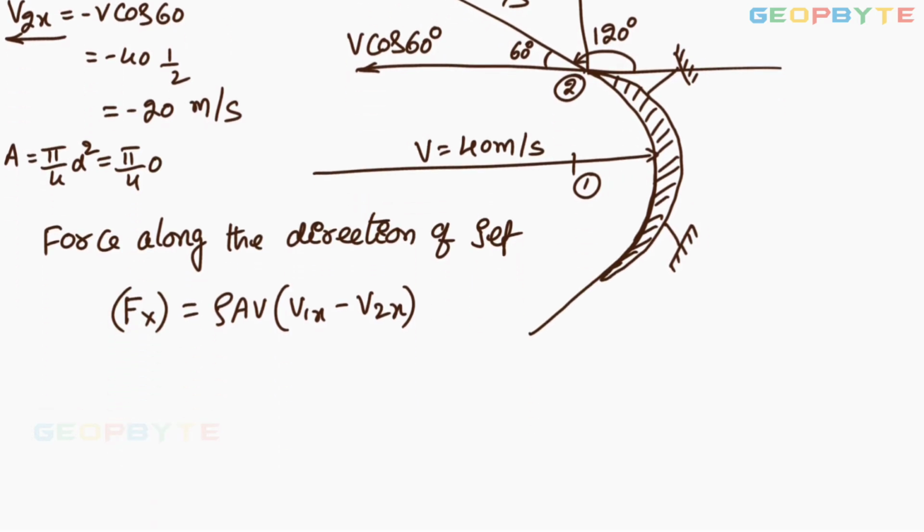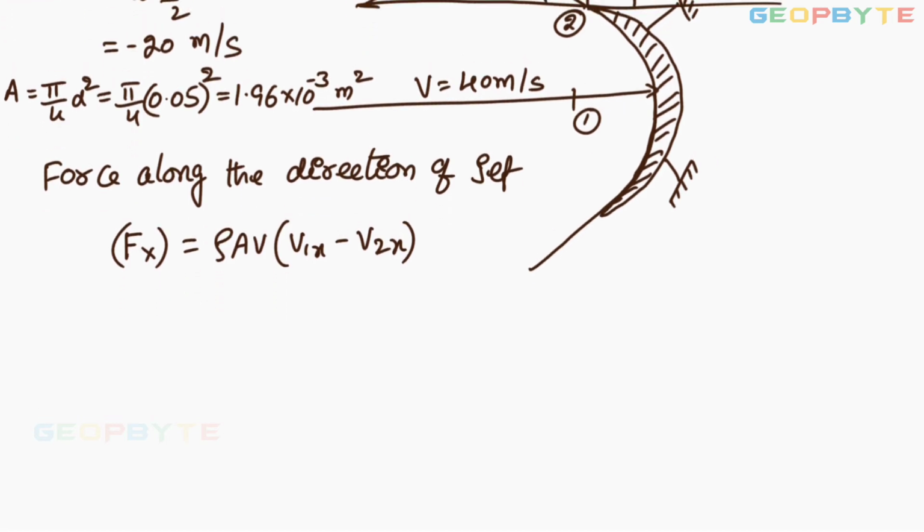It should be in meters, 0.05 whole square. Simplify this value for getting the area of the flow. It is equal to 1.96 into 10 power minus 3 meter square.